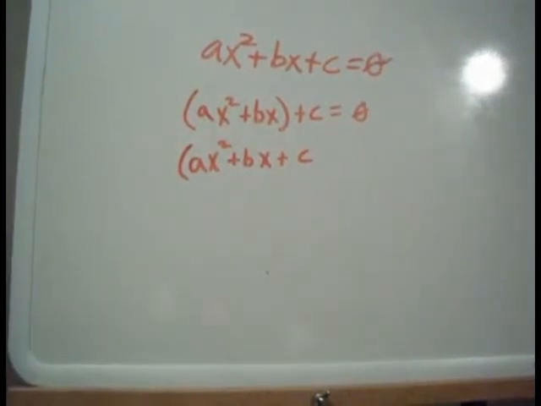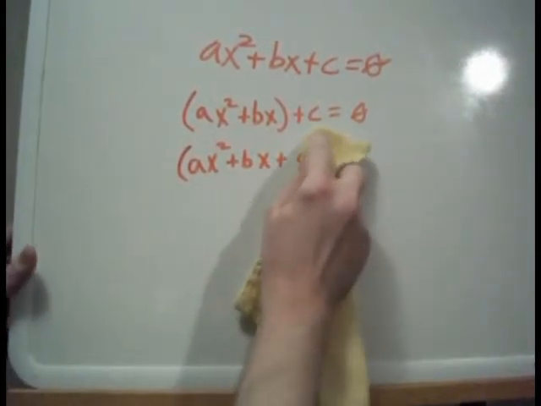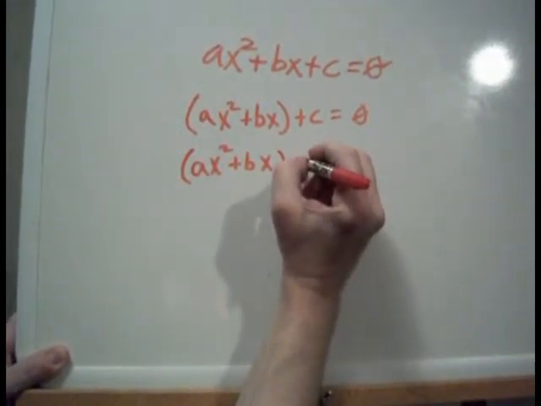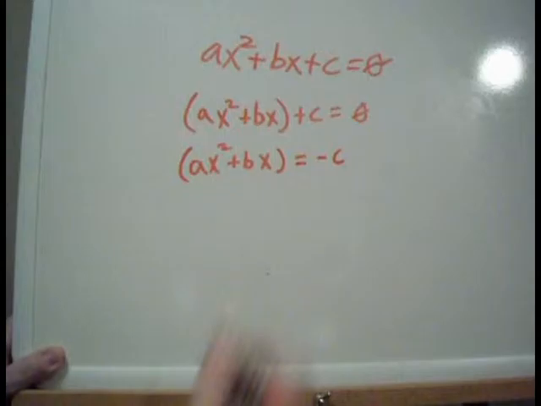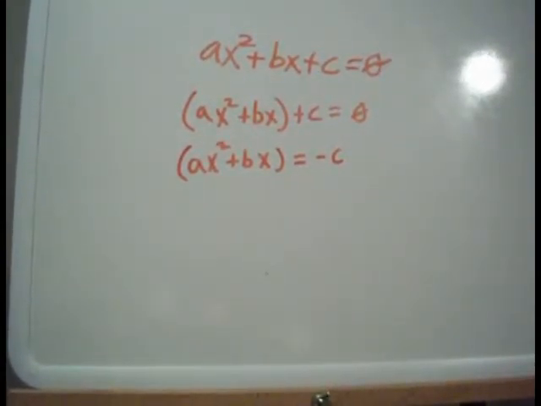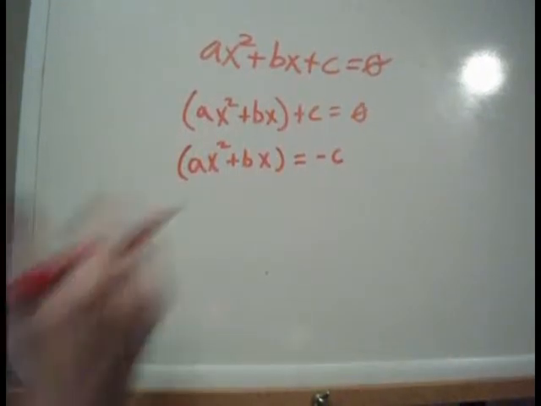Now, how are we going to move that c over there? Well, I'll tell you how. What we're going to do is add negative c to positive c. Now, if you add negative 1 to positive 1, what's going to happen? It's going to turn into nothing. Okay? So if you add 5 positive apples to 5 negative apples, well, those apples will just disappear. Period. Okay, so now we know how to do that.